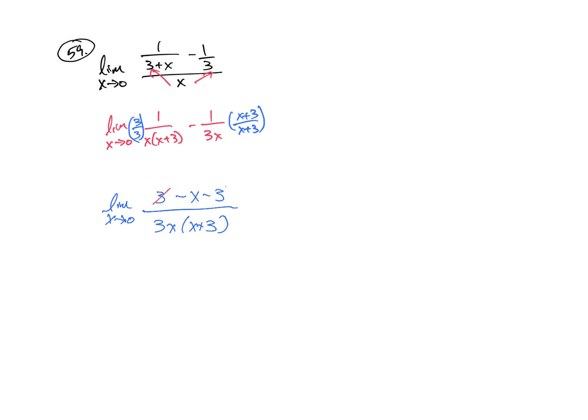The 3's cancel. Now what can cancel? The x can cancel. So what's left up top? Negative 1 over 3 times x plus 3. Now that is my simpler function. So now we substitute in 0, and I end up getting negative 1 over 9 because it's 3 times 3.